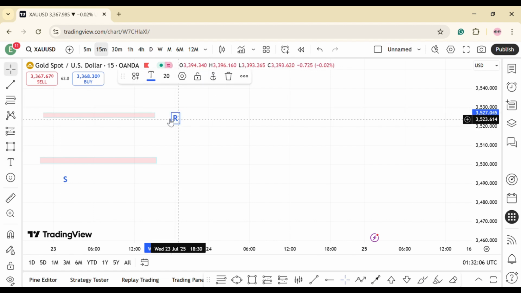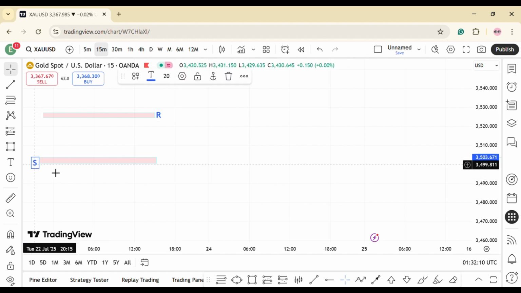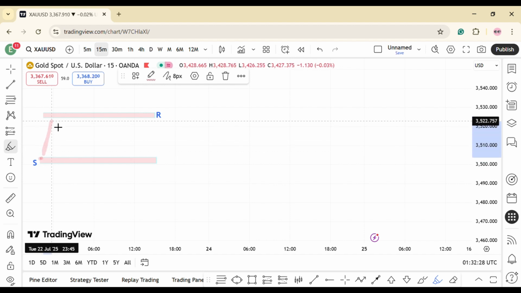When the market moves from this support up to this resistance, you are to do what? Sell down, right? Then when it gets to here, you are to do what?